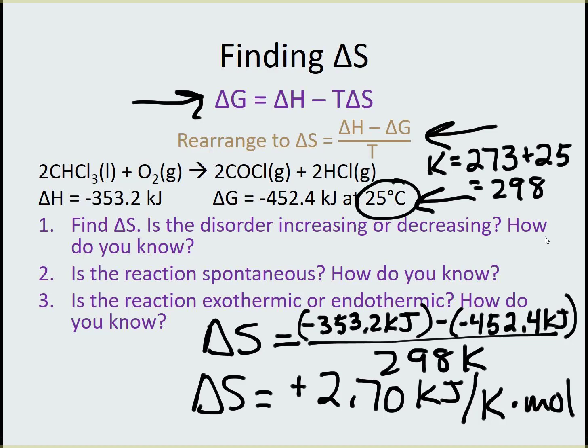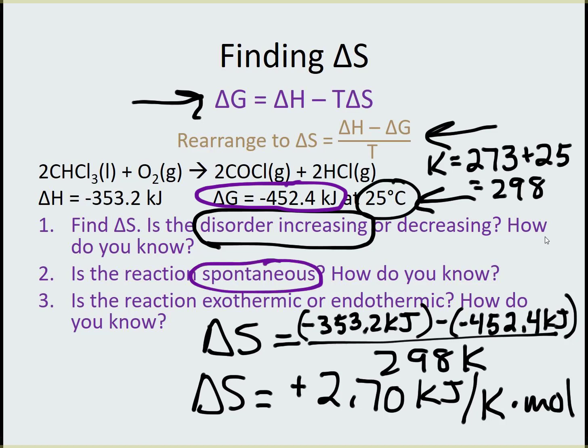What does this tell us? So this is telling us our disorder is increasing. And we can also answer number 2. Is the reaction spontaneous? So we need to go up to what our value of G is, and we see that our G is a negative 452.4. So is it spontaneous? Yes, we know because it's negative.